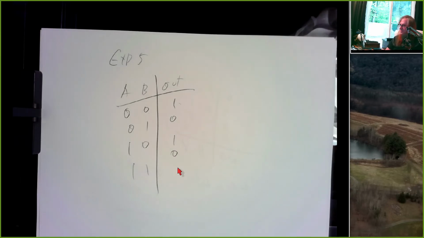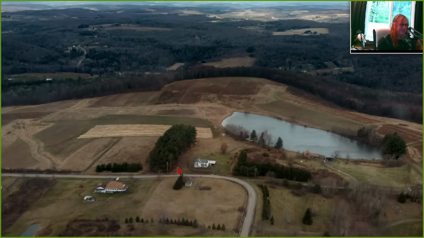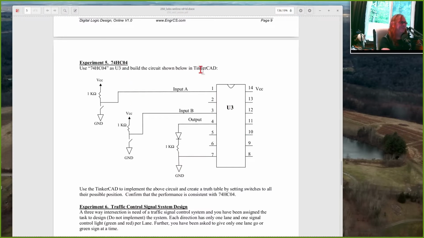But a lot of the observations that people reported showed the opposite behavior here. They showed that the output was the opposite of input A, and that input B had no effect. Well, that does not match the circuit diagram. And if you think about the circuit diagram, input A shouldn't change the output.